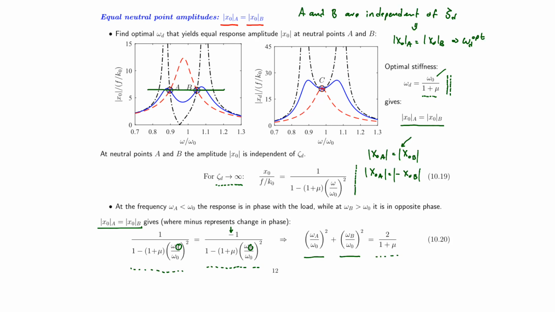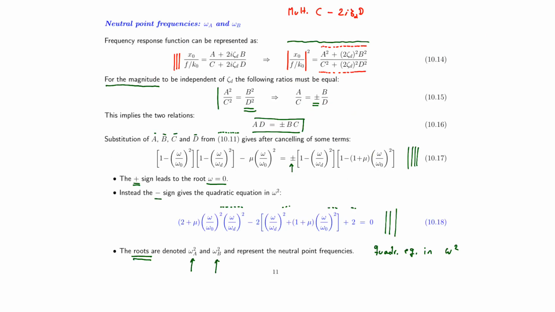We are actually not explicitly looking for the solution to omega A and omega B in this case. And the reason for that is that we know that omega A and omega B are the roots to this quadratic equation. And the sum of the roots of a quadratic equation is equal to the intermediate term divided by the factor to the quadratic term.